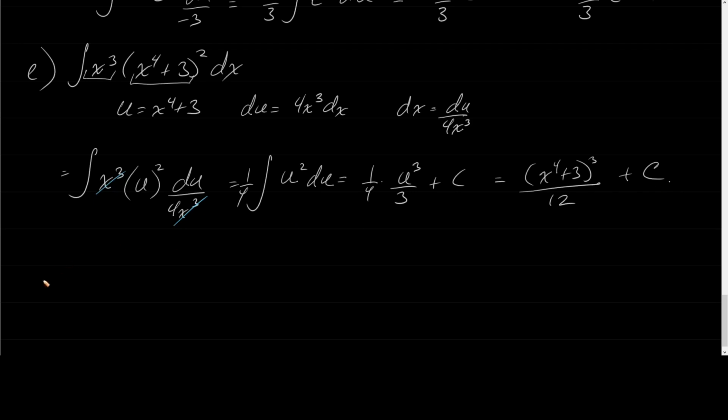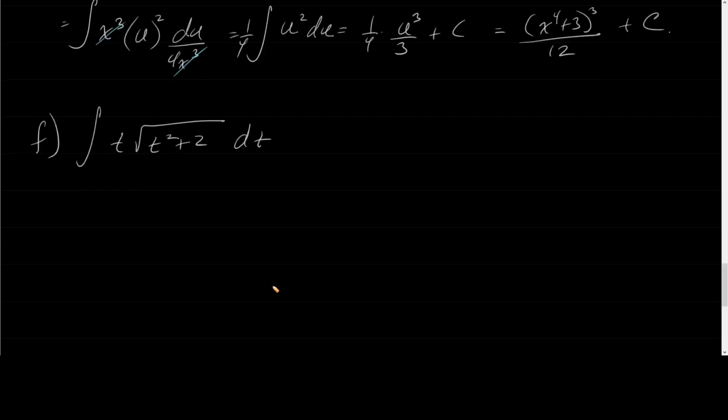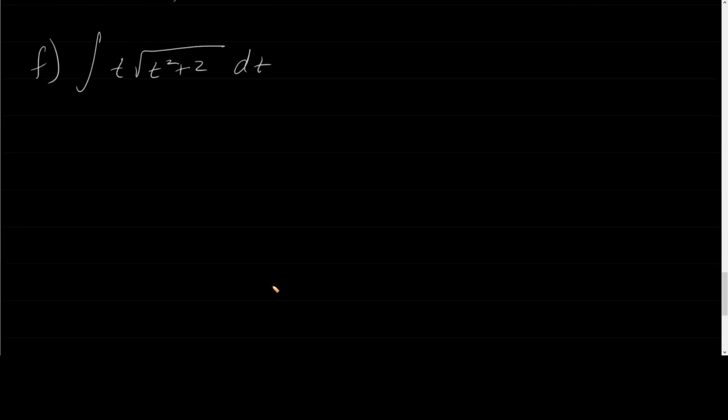Next one. Let's say I have the integral of t times the square root of t squared plus 2 dt. We're using some other variable here, t, but we can still do a u substitution. Again, I'm looking for what looks like the derivative of the other.